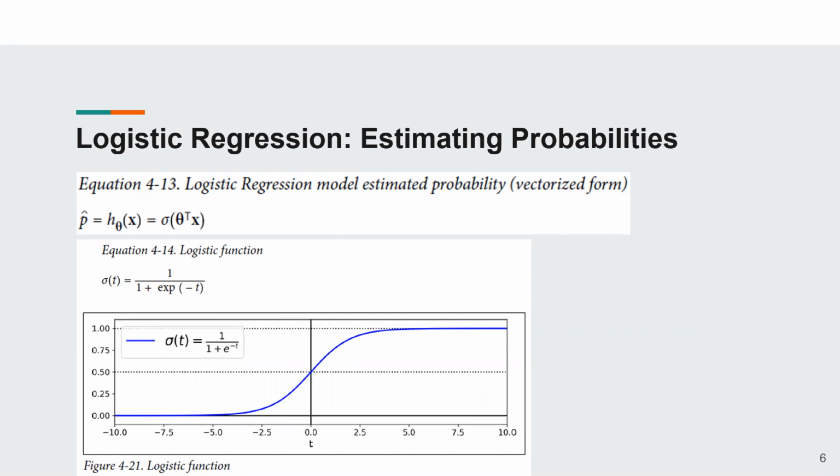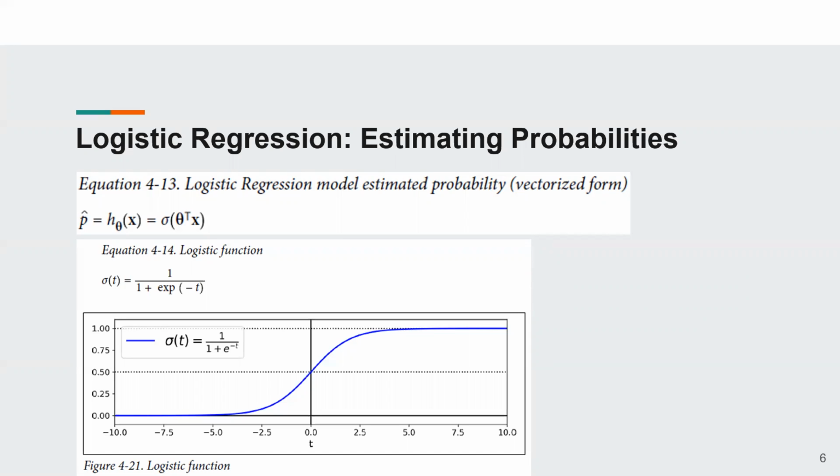Let's look at this function form for logistic regression. So this probability estimate is a sigma function, sigma of theta transpose x. This sigma function turns out to be a logistic function.